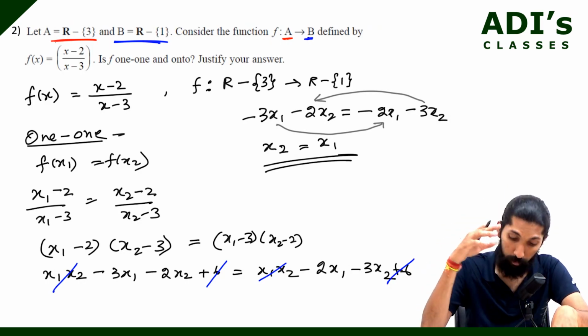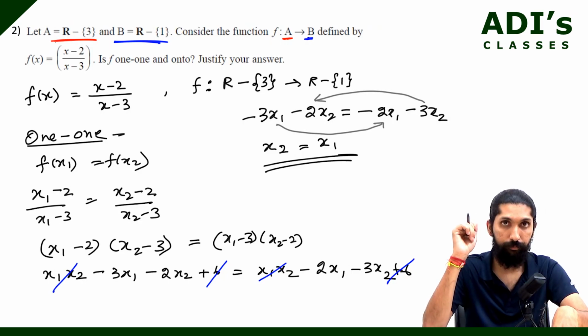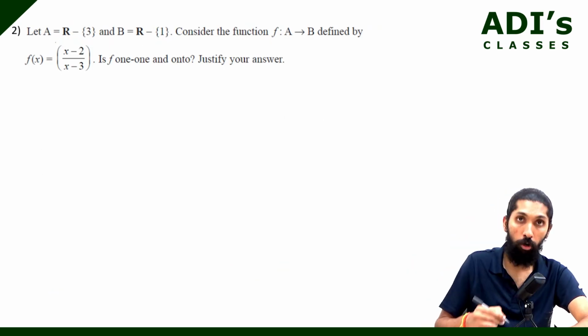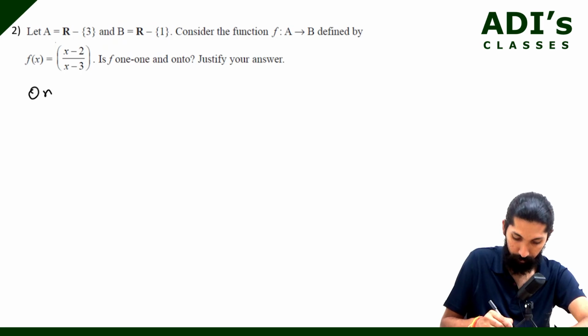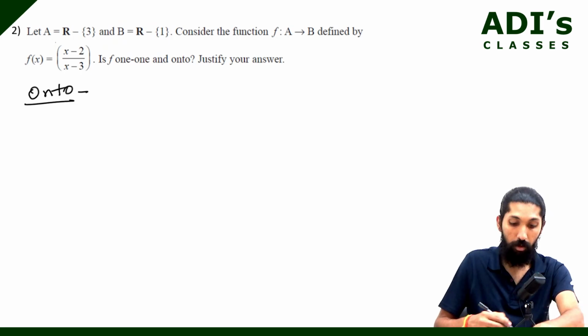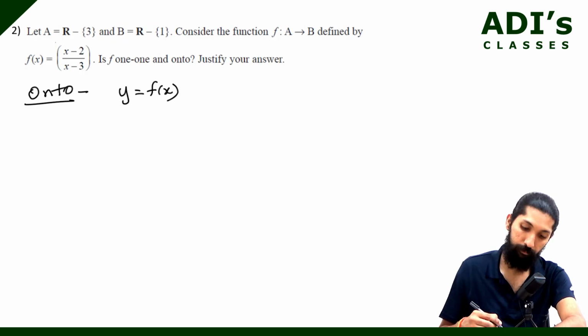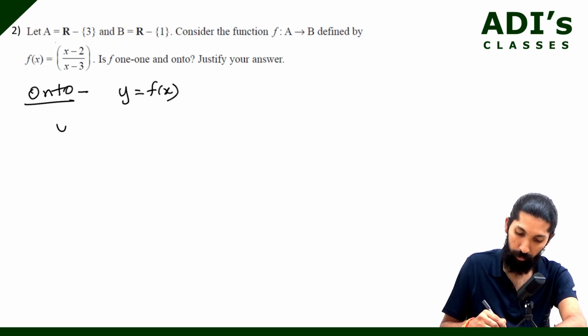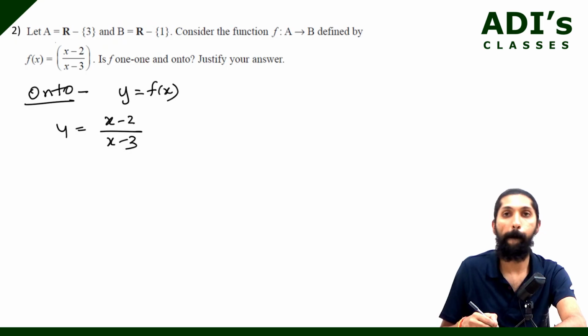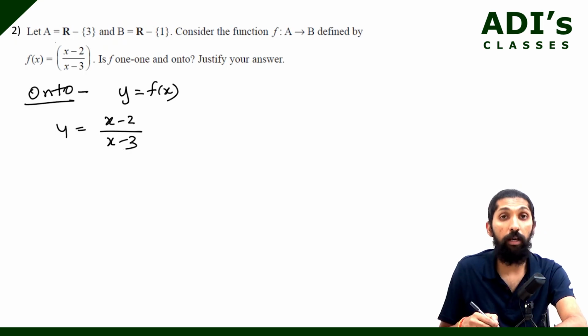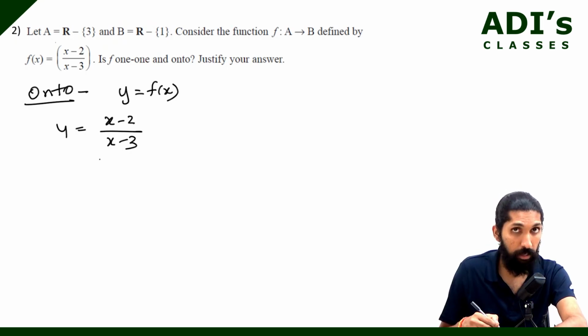Now we'll do the same thing for onto, right? For onto now, you have y is equal to f of x, correct? So we have y is equal to x minus 2 divided by x minus 3. Remember, we are trying to make x the subject of the formula.